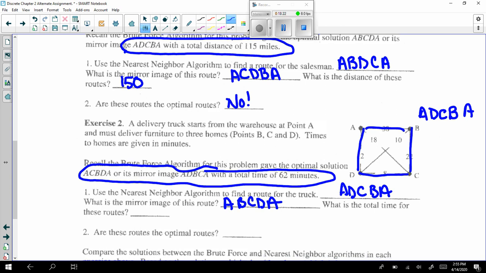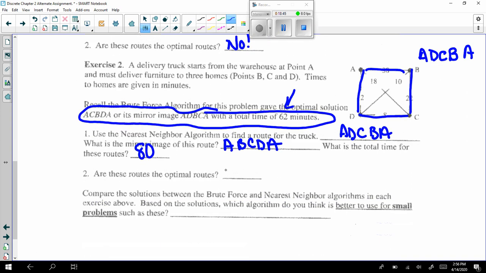So I went from A to B, right, which is 12, plus 8, which is 20, plus 22 is 42, plus 38. So 42 plus 38 is 80. So this route is 80. And keep in mind, that's not an optimal route, okay? These are not optimal routes, no.